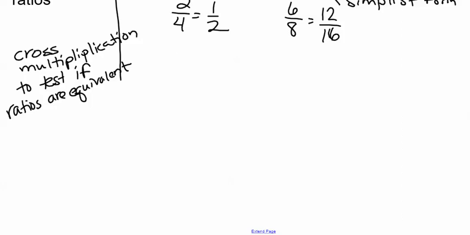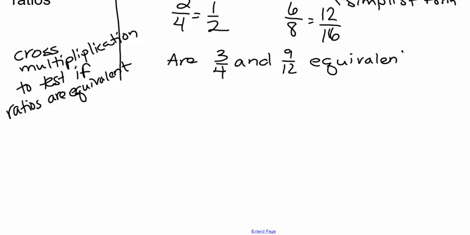For example, we might say, are the ratios 3/4 and 9/12 equivalent? That's the question we're trying to answer. So what you do is you set them up as a proportion. So 3/4, does that equal 9/12?